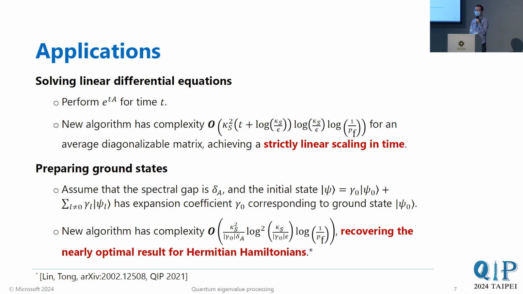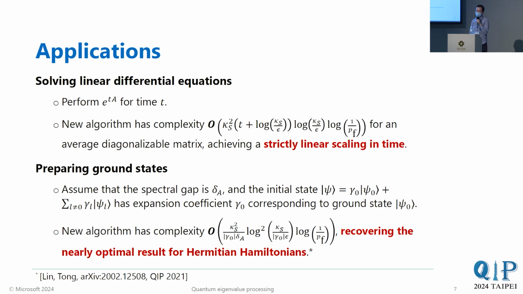It has real eigenvalues, so the ground state is still well defined. And the performance of the algorithm nearly matches the previous optimal results for Hermitian Hamiltonians, and it's probably nearly optimal.